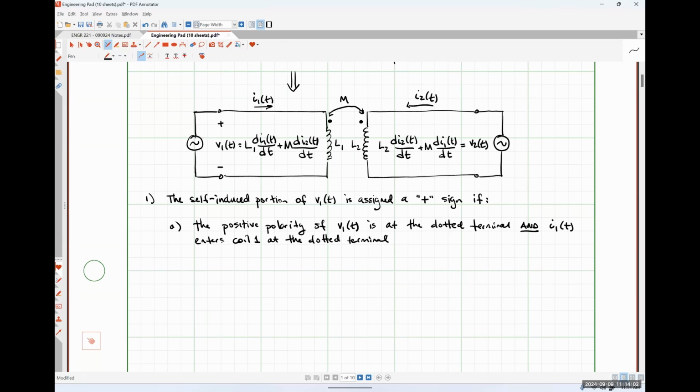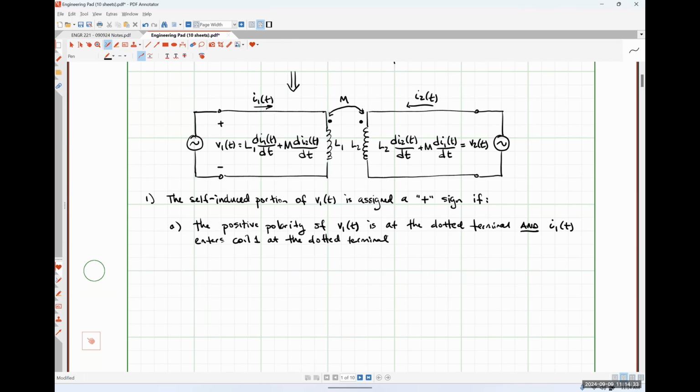And now we check our current, and we can see that the current I1 is flowing into the dot. So we have met the second half of our criteria. I1 is entering coil 1 at the dotted terminal. So if both of those conditions are true, then this first term right here should have a plus sign, which is what is indicated on our figure. There's no minus sign out in front.